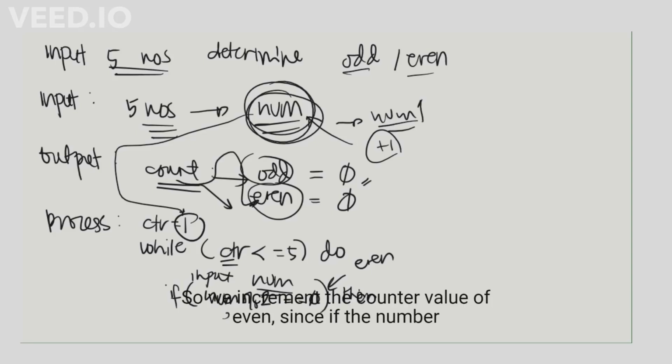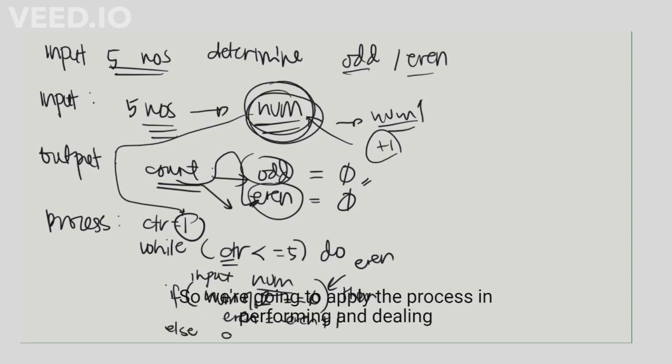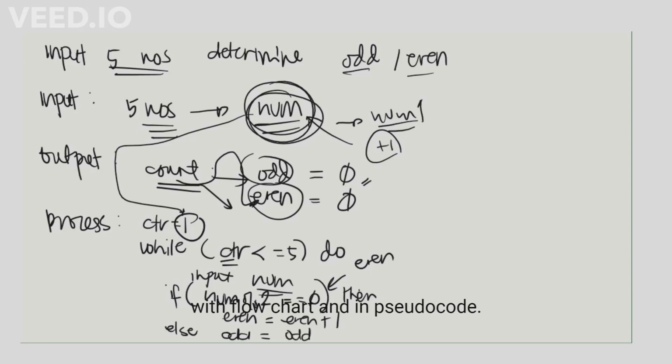We increment the counter value of even since the number is divisible by 2. Otherwise, if it's not divisible by 2, it's an odd number, and odd equals odd plus 1. We're going to apply this process in the flowchart and in the pseudocode.